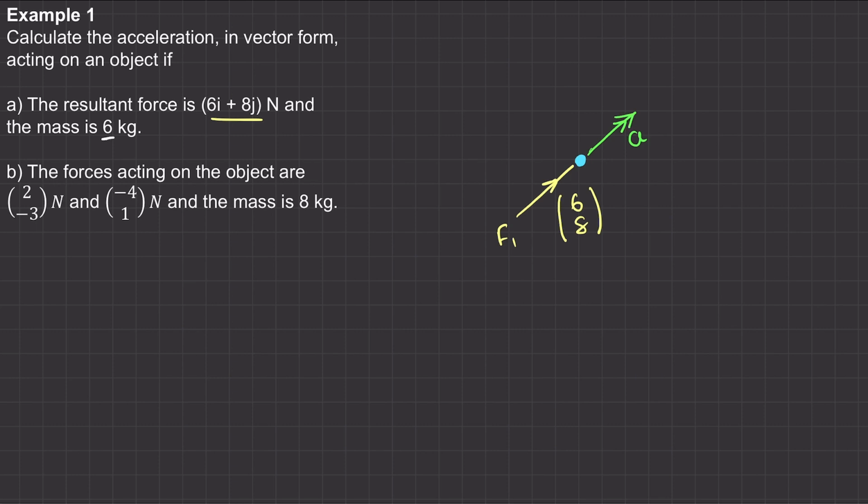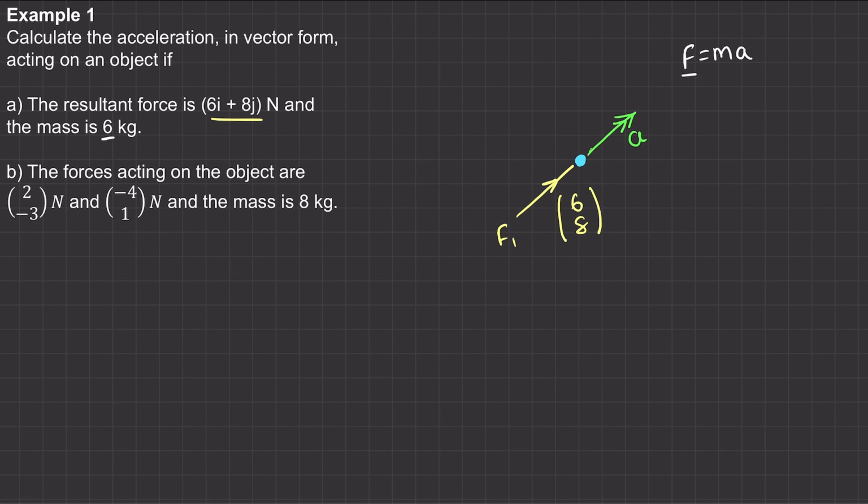Now, this force is a vector, it has magnitude and direction. The same is true for the acceleration. It has a magnitude, which is its acceleration, meters per second squared, but it also has a direction. So we can use the formula F equals ma to calculate this acceleration.